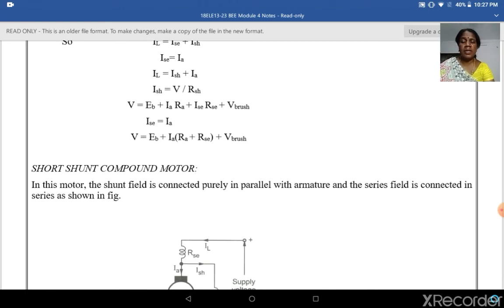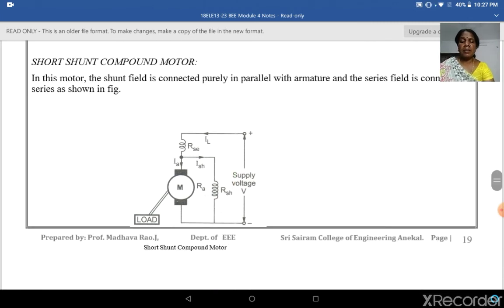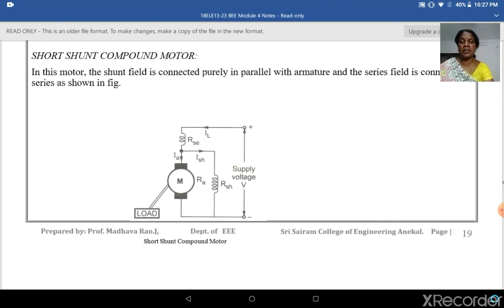The terminal voltage V is equal to the back EMF EB plus the drop across the armature, IA into RA, and the drop across the series winding, ISE into RSE, plus the drop across the brush. When ISE is equal to IA, this can be written as V equal to EB plus IA into RA plus RSE plus V brush.